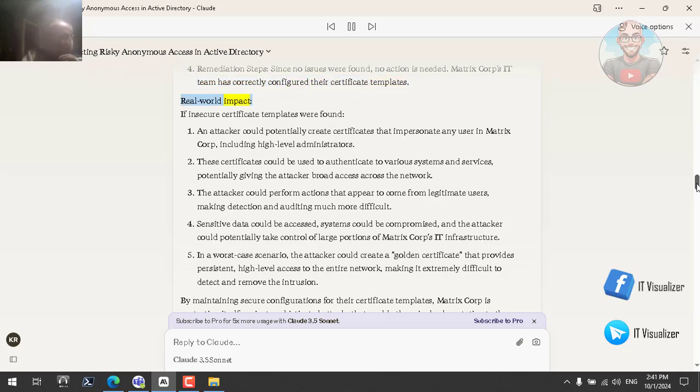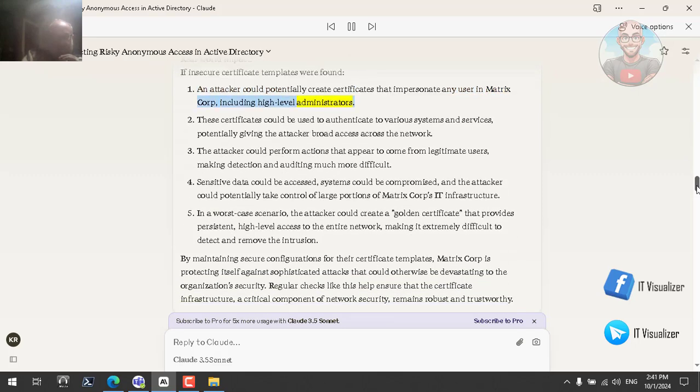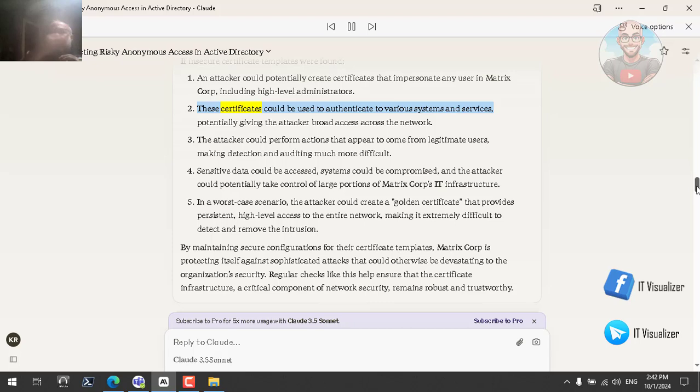Real-world impact. If insecure certificate templates were found, an attacker could potentially create certificates that impersonate any user in Matrix Corp, including high-level administrators. These certificates could be used to authenticate to various systems and services, potentially giving the attacker broad access across the network. The attacker could perform actions that appear to come from legitimate users, making detection and auditing much more difficult.